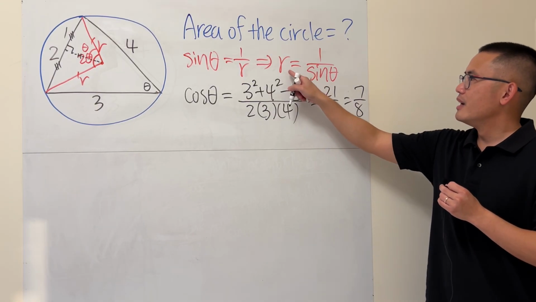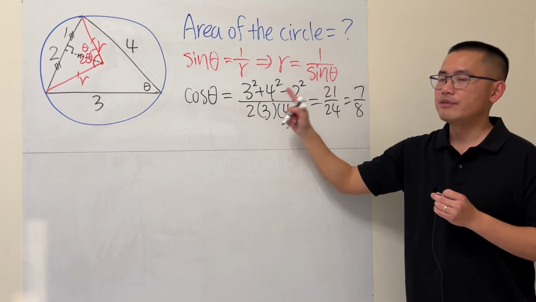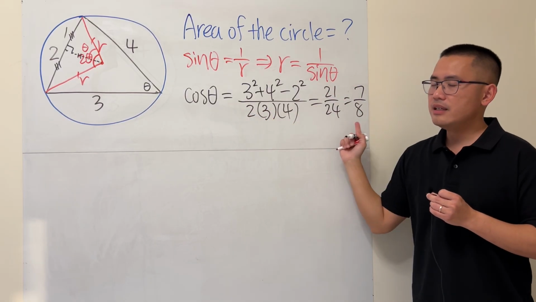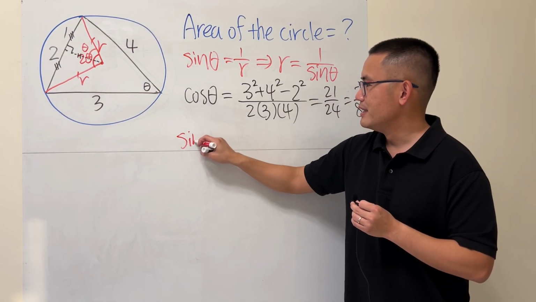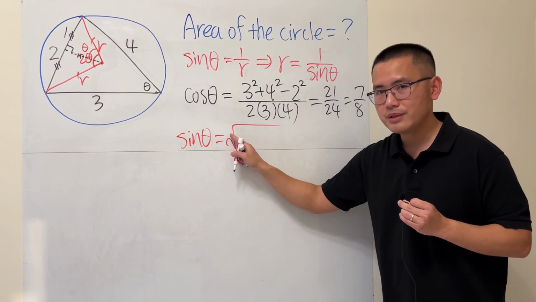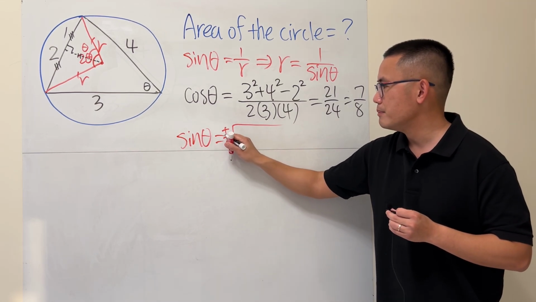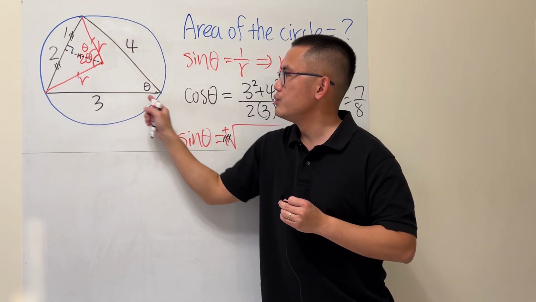Here, have a look. R is equal to 1 over sine theta, and here we have cosine. Based on this, we can figure out what sine theta is, using this identity. Sine theta equals, I just want the positive square root. Technically it's plus or minus, but the angle here is acute because we have 2, 3, and 4.